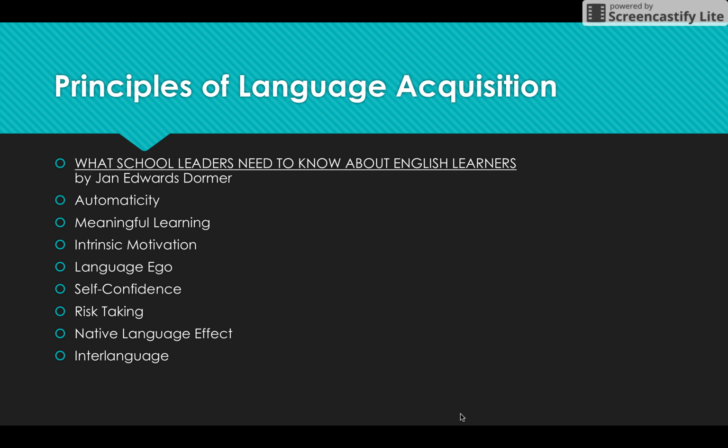Only correct certain things so that they're not always being corrected and feel like they're always doing something wrong. But keep giving them the corrections until success is achieved. To do this, I would encourage small group work or partner work so that they can build up risk-taking with a small group before they go into the big group.